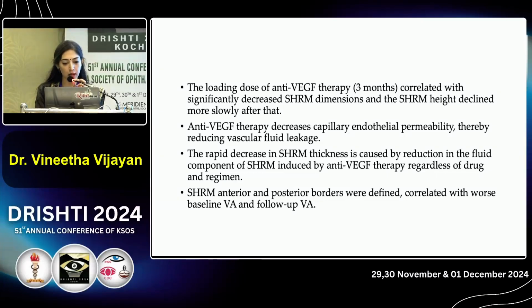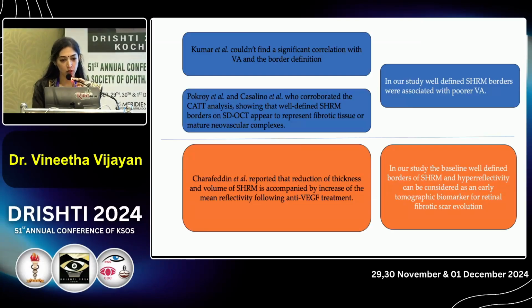The SHRM anterior and posterior borders were defined, correlated with worst baseline visual acuity and follow-up visual acuity. So coming on to the other studies, Kumar et al. could not find a significant correlation with the visual acuity and border definitions. Pocrio et al. and Casino, collaborating with CATT analysis, also did not find any significant difference.